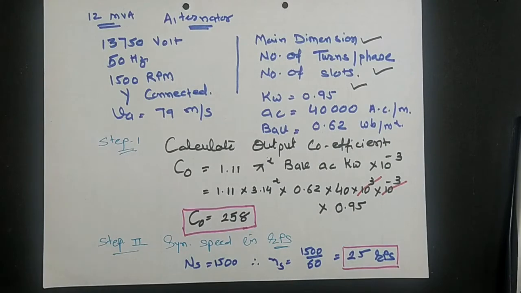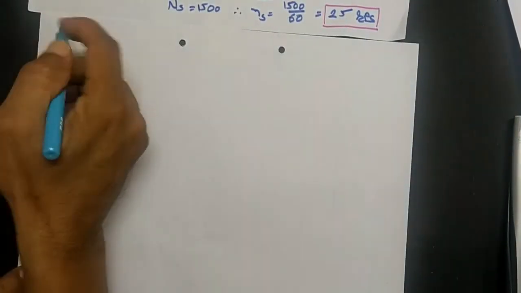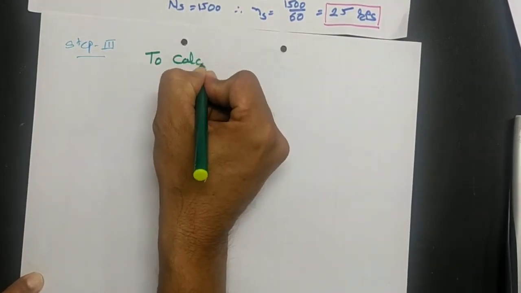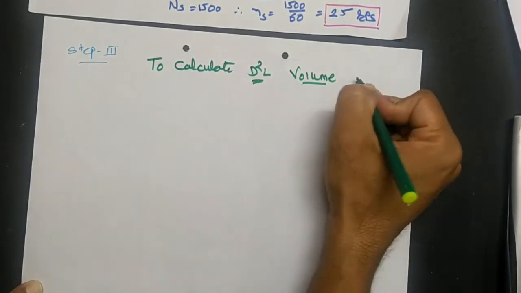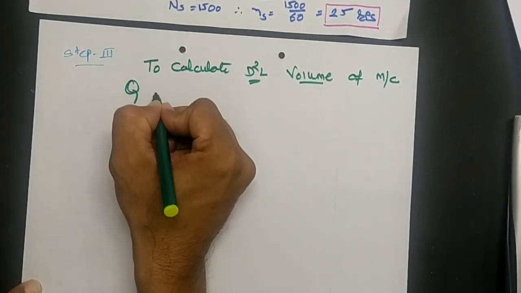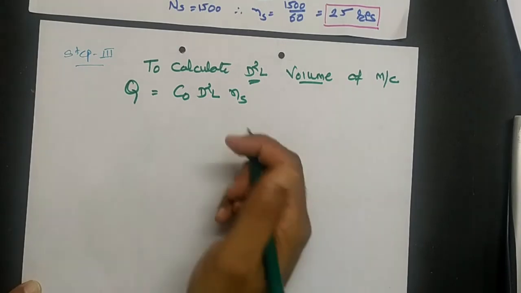In the third step, based on the output equation, we need to calculate the volume, which is d square L. So step number 3, calculate d square L, known as the volume of the machine. From the output equation, Q is CO, the output coefficient, multiplied by d square L and ns, the synchronous speed in revolution per second.